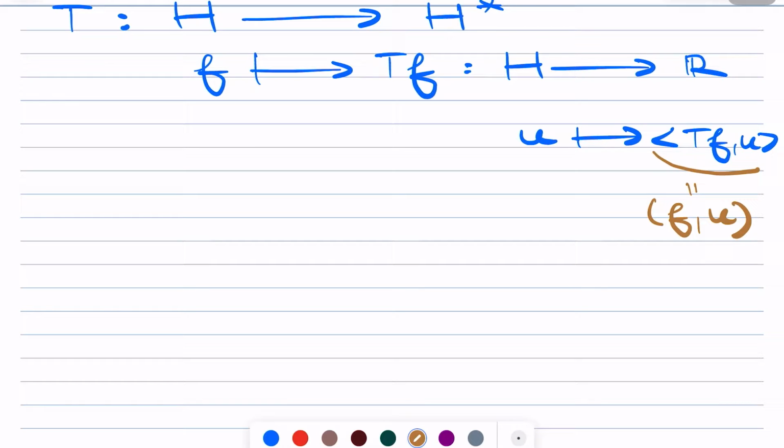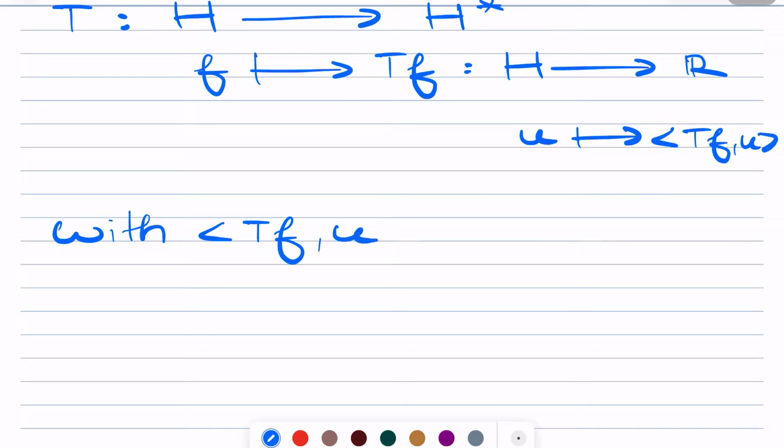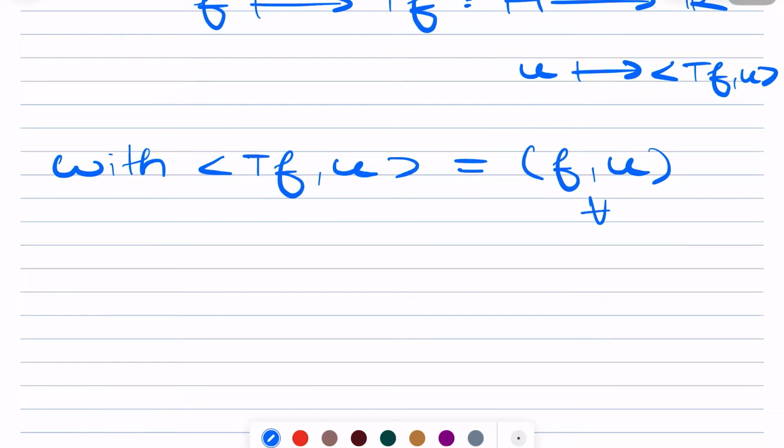I'm just writing here, with this dual pairing being nothing else than the scalar product between f and u, for every u.